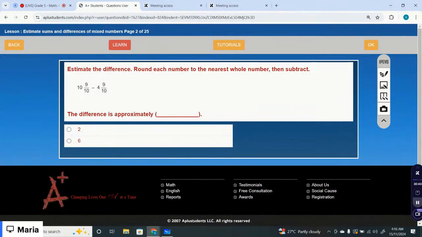Estimate the difference. Round each number to the nearest whole number, then subtract 10 whole 9 over 10 minus 4 whole 9 over 10. So which is the correct option?